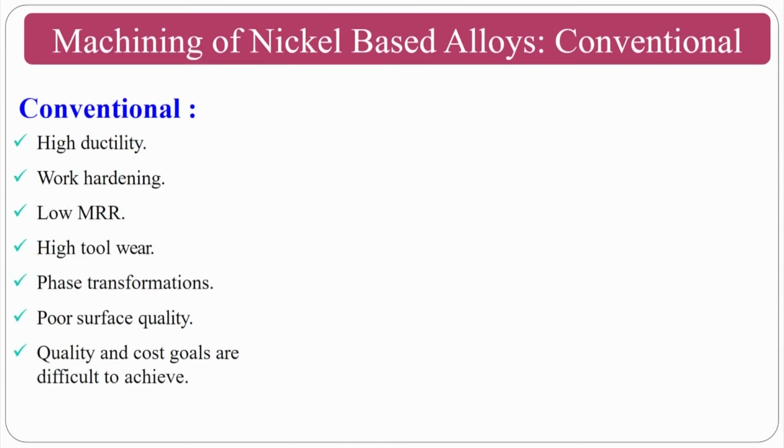In the conventional machining of nickel based alloys, there is high ductility, work hardening, low material removal rate, and high tool wear. Basically it is a superalloy material, so the tool wear will be very high. Phase transformations will take place. The quality that you are going to get on the surface is very poor, and the cost goals are difficult to achieve.